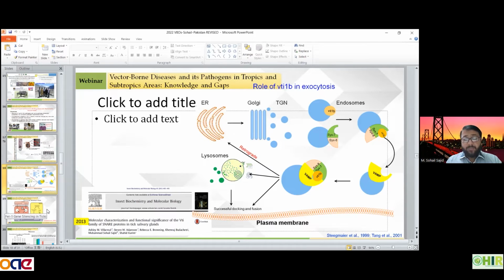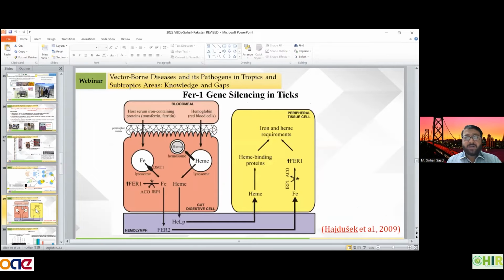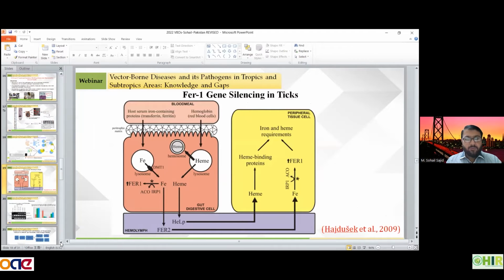So we found very good results out of it. But the problem is that there are some alternates too, which are taking the role of VTI1B. So another gene we target is ferritin, which helps in the blood digestion process. These results are underway, and we will be publishing them very soon.